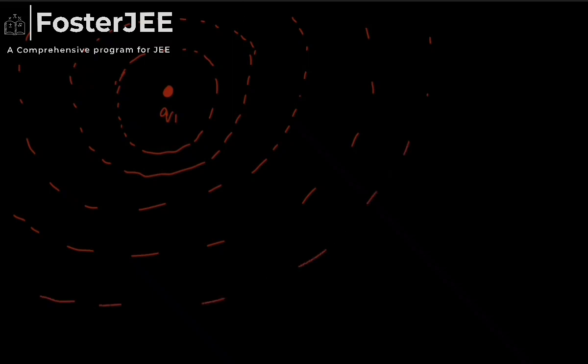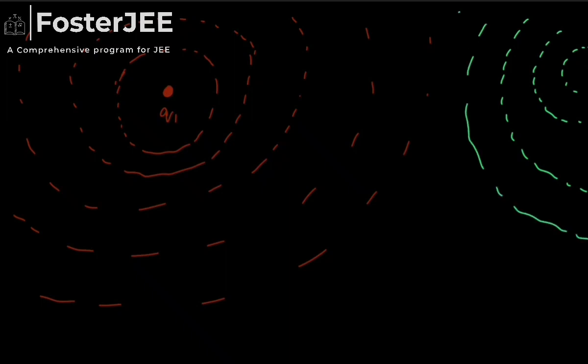Now initially this was the case, and q2 was very far, so their electric fields were not overlapping with high intensities. Now once this q2 comes closer, the electric field with much higher intensities gets overlapped. So that is the case of their electrostatic interaction.